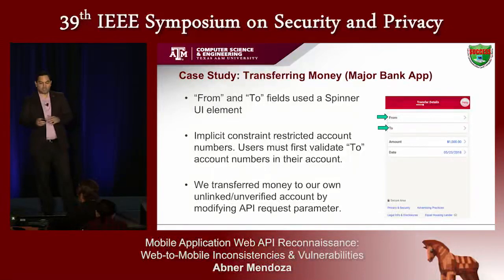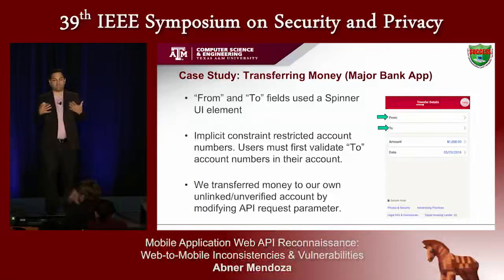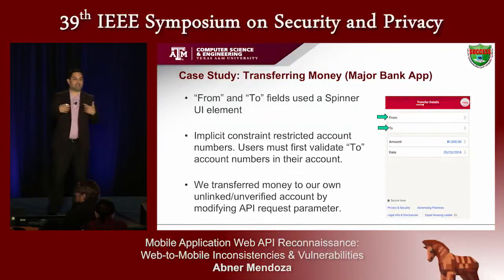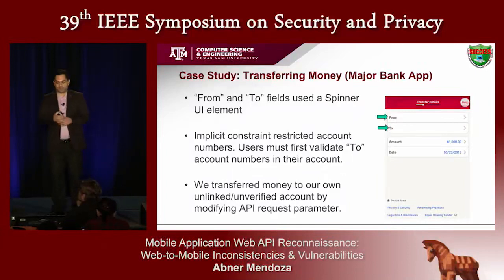In the bank application, specifically in the field where we select the account that we're sending money to, there's an implicit constraint enforced by the app that you can only select what is available in that spinner.